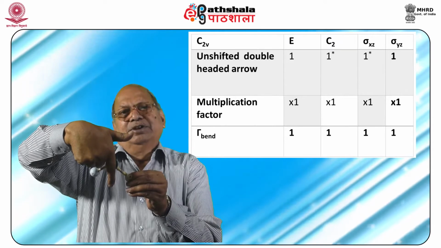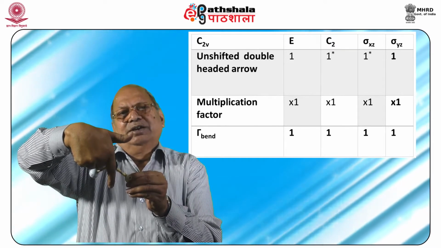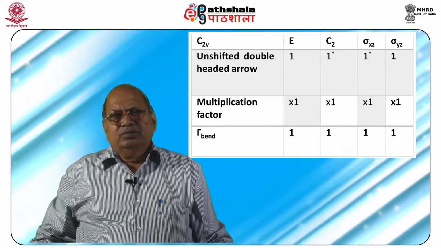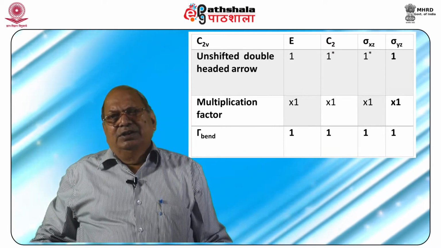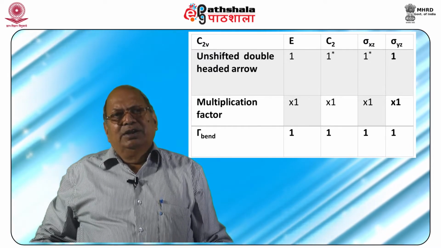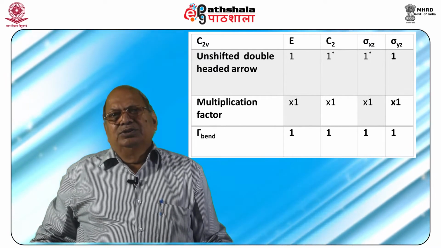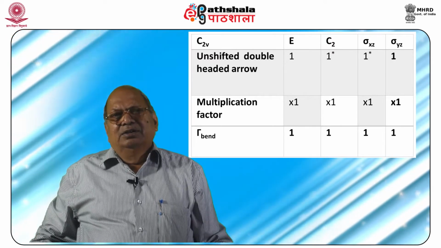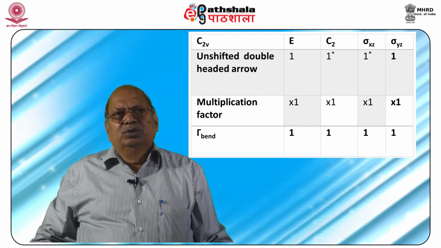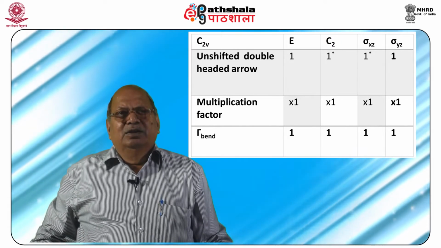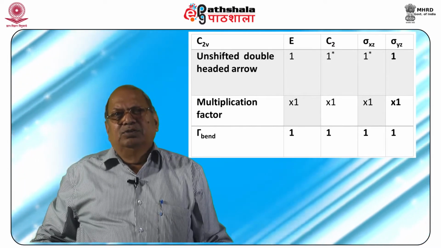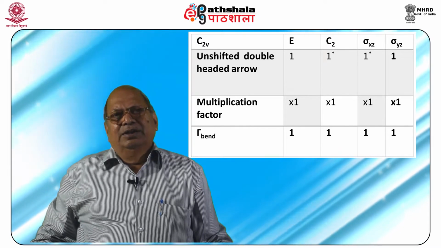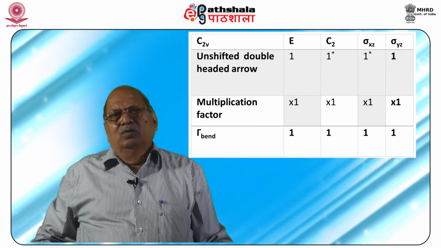So it is plus 1. Similarly, for sigma xz, because one half of the angle goes into the other half, this also gives character plus 1. And for sigma yz, the bond angle lies in the plane. So the overall effect of the operations E, C2, sigma xz and sigma yz on this double-headed arrow is 1, 1, 1, 1.